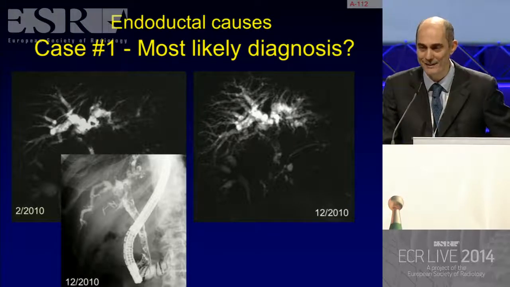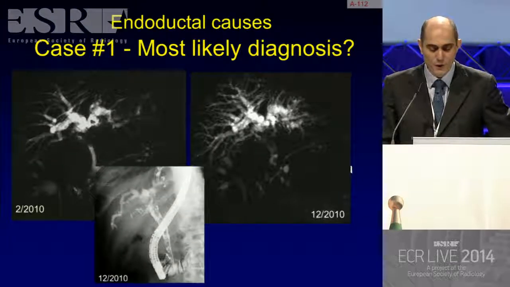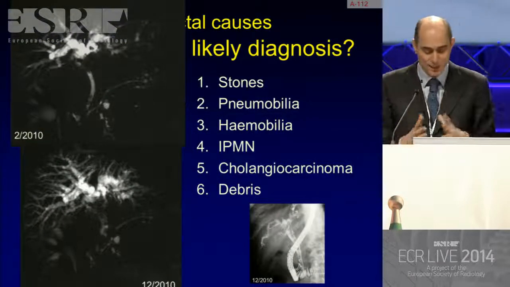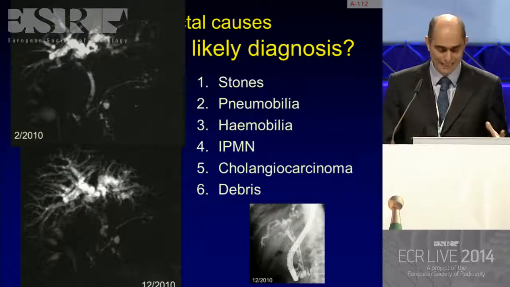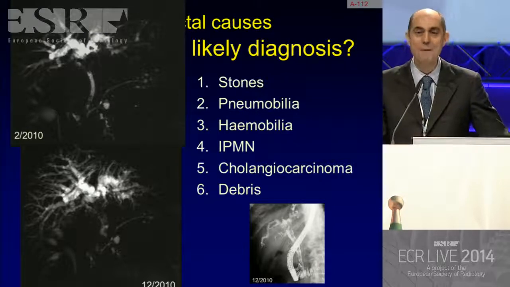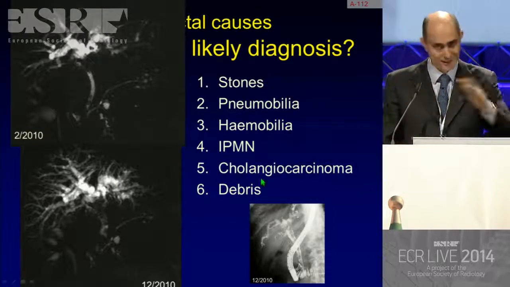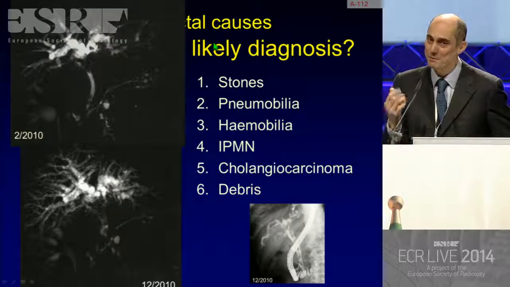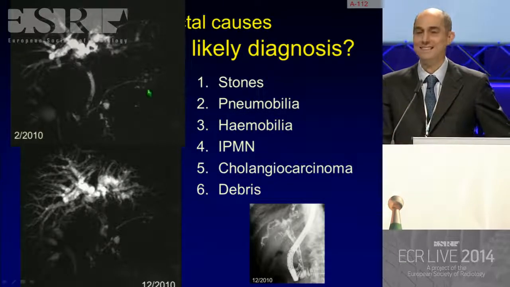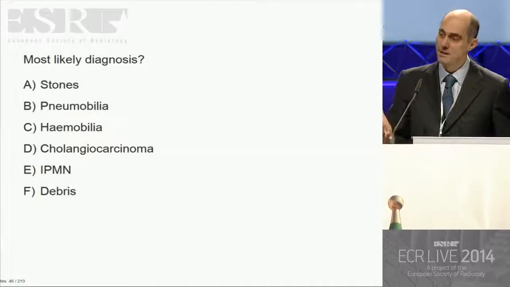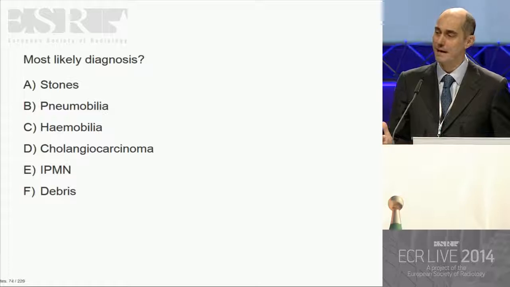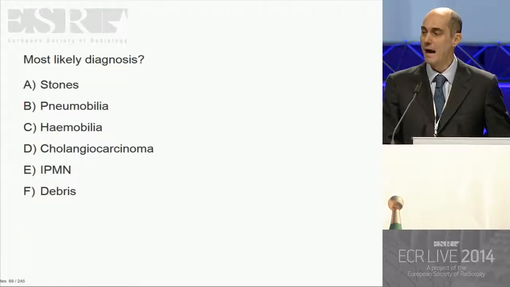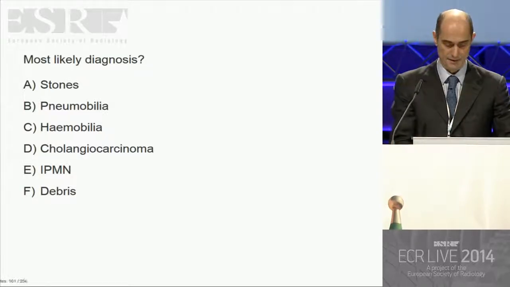So let me ask your help. What do you think it is? Again, it's stone, pneumobilia, hemobilia, IPMN, cholangiocarcinoma, or debris. Could you please vote? Could you please help me?